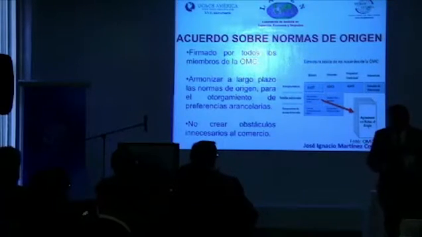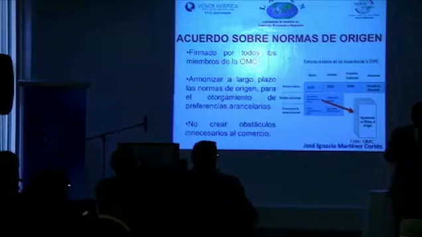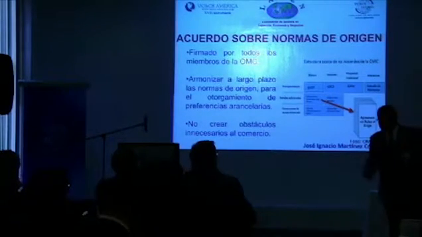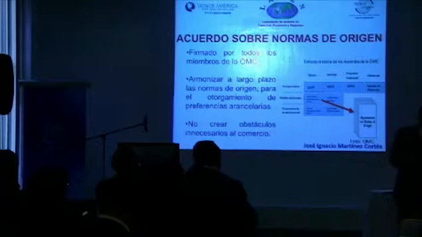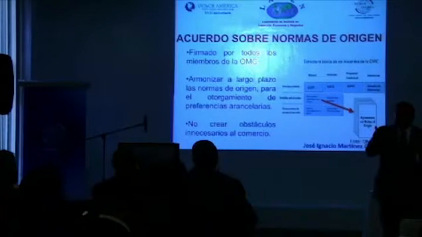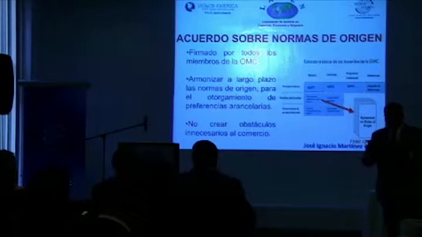And how do we materialize this duty preference at the accounting and numerical level? By the origin rule. In accounting terms, it will let me know if this product complies with these four rules.